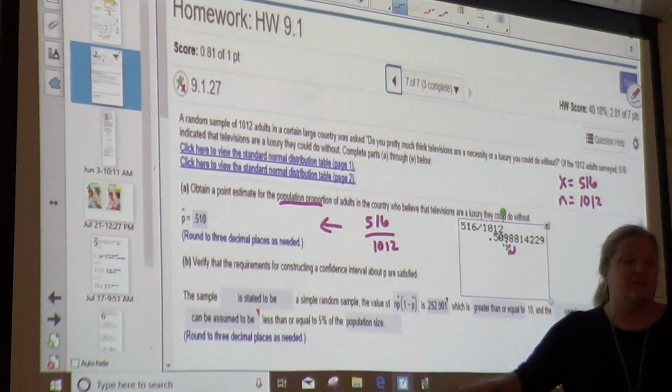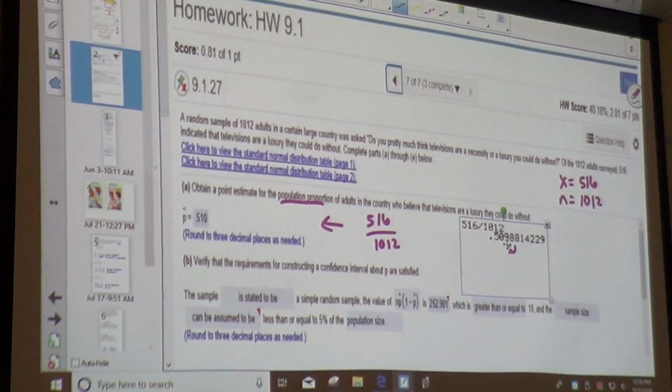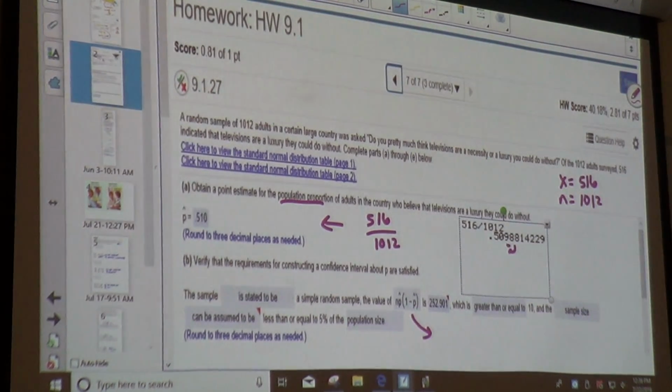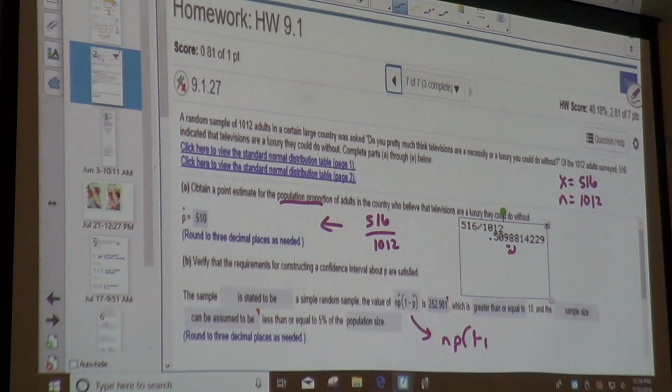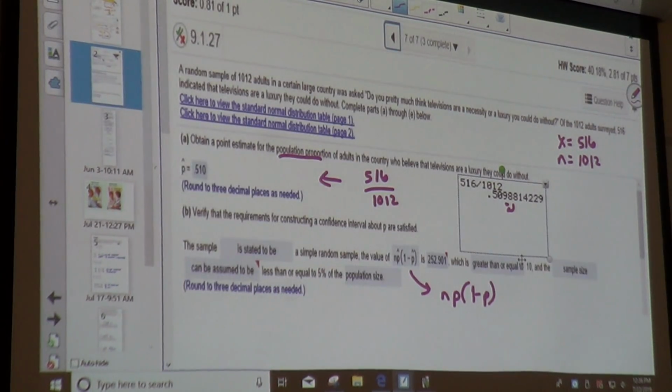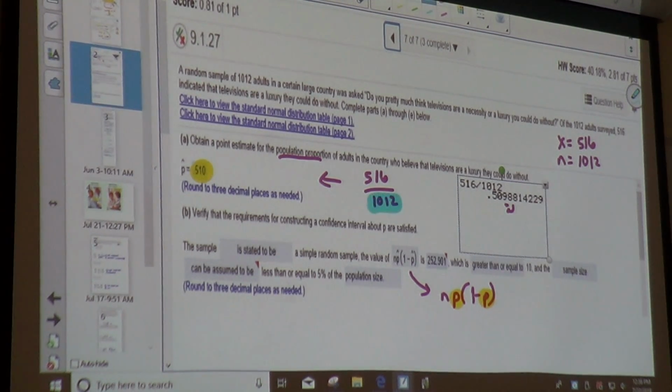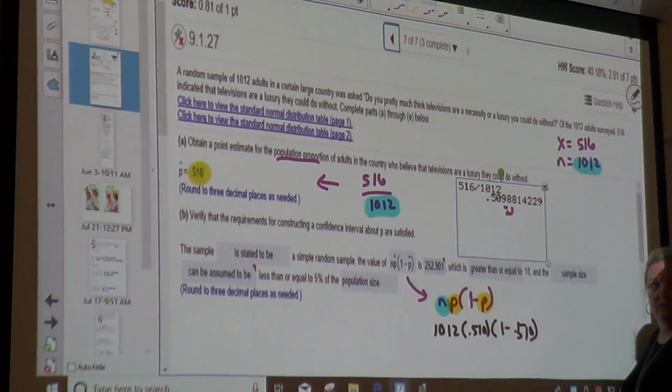Now, to get that answer, I use the formula N times P times 1 minus P. My P is right there, and my N is right there. So I did 1012 times 0.510 times 1 minus 0.510. That's what gave me that number right there.